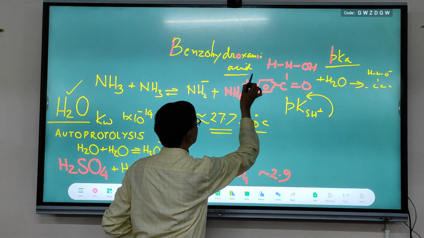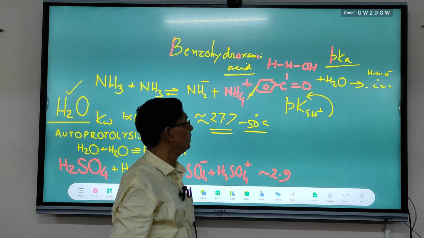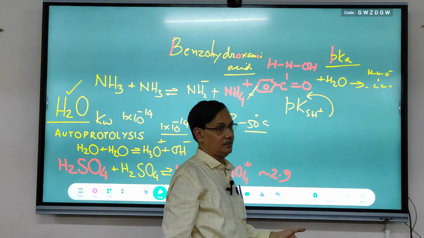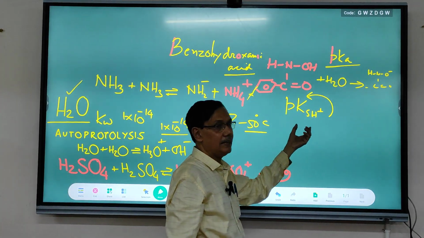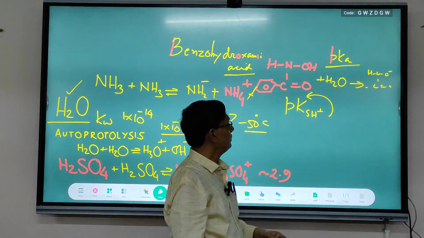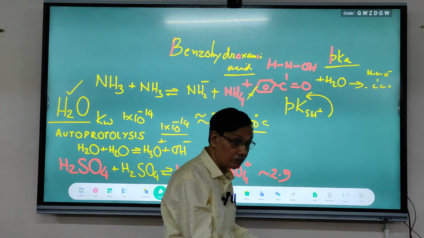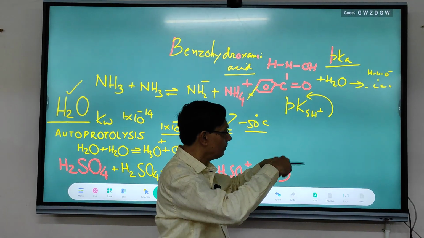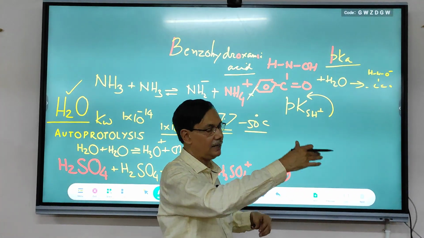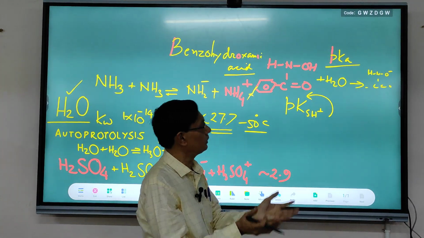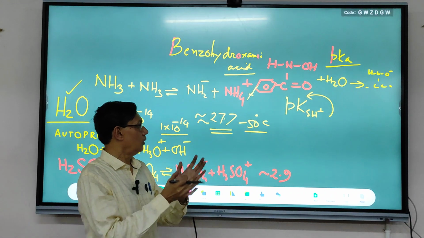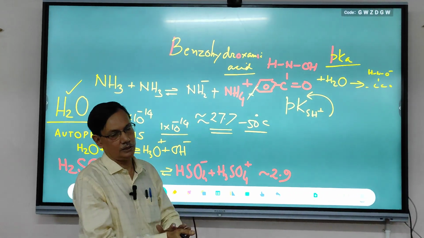So simple pH metric titration will not be suitable for determination of the pKSH, because we need its conjugate part. So we have to add some acid, sulfuric acid, and then monitor by spectrophotometric determination the molecular species and the protonated species.